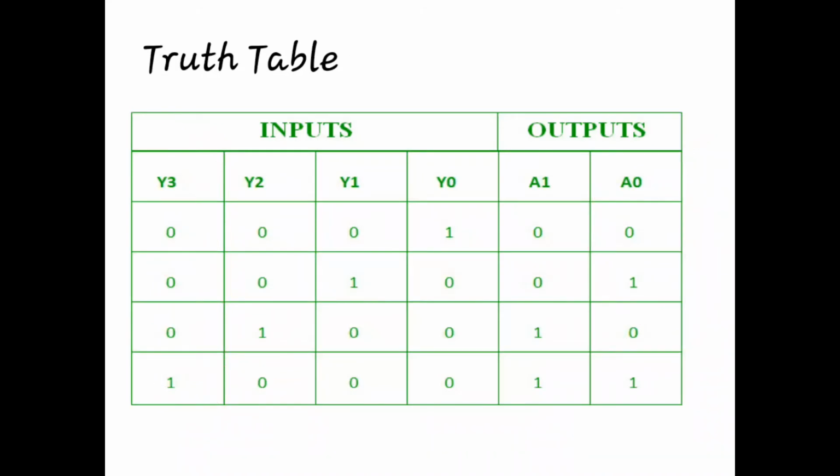Now what is the truth table for this 4x2 encoder? Just remember, we are having four inputs, represented as per the block diagram, y0, y1, y2 and y3. As we know from the definition, one line will be active at a time.